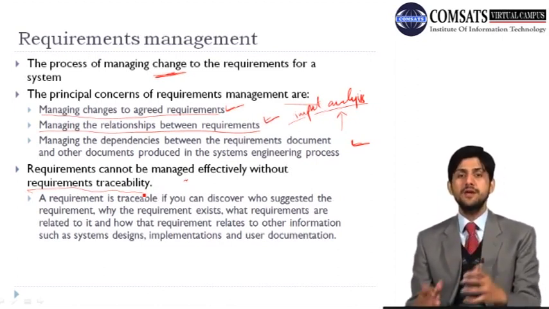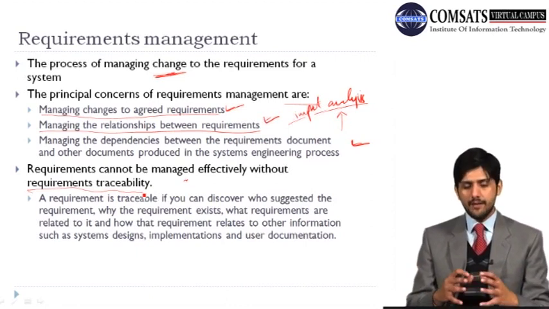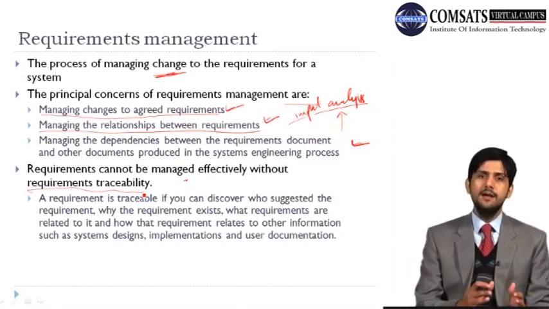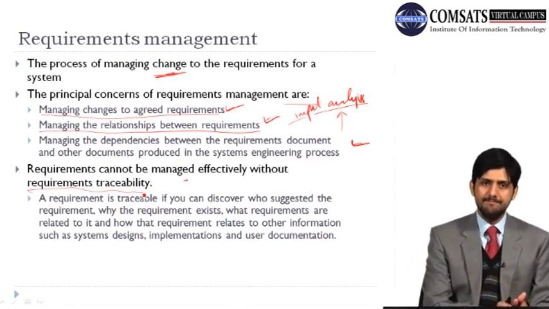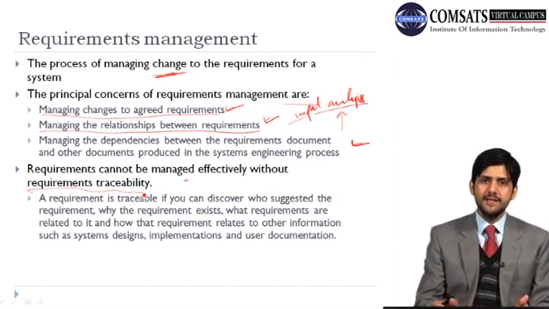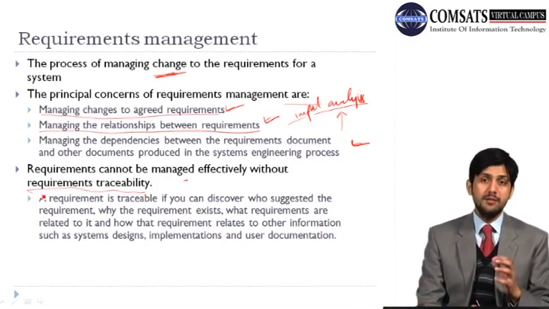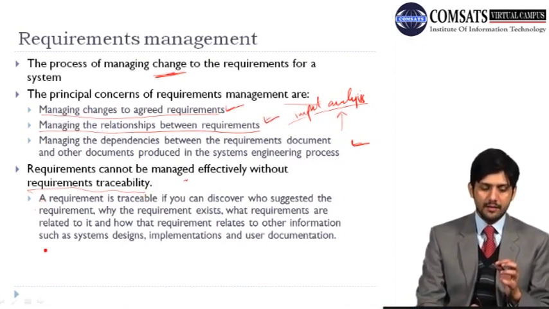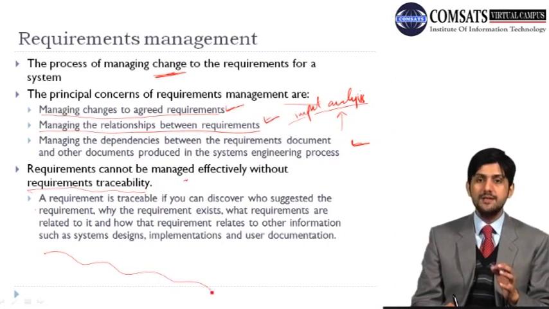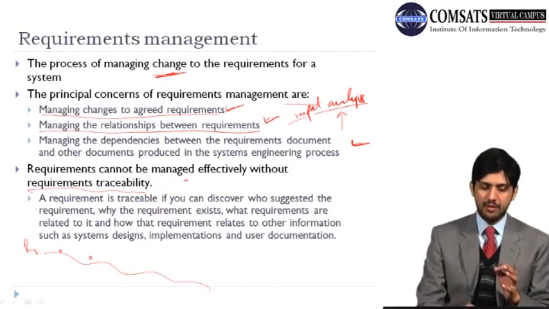People perform these traceability analyses, and if we have mapped our requirement to design, to test cases, to different modules of code, then it means that we know the trace of our requirement through the system. For example, this was requirement number 1.